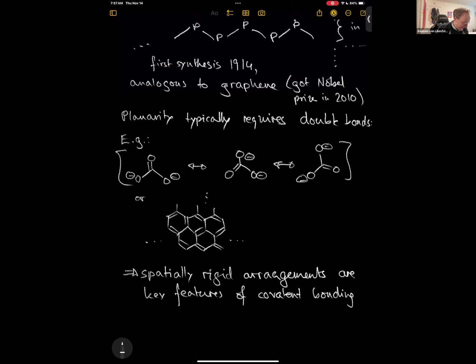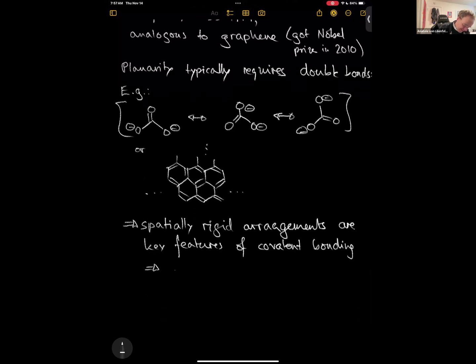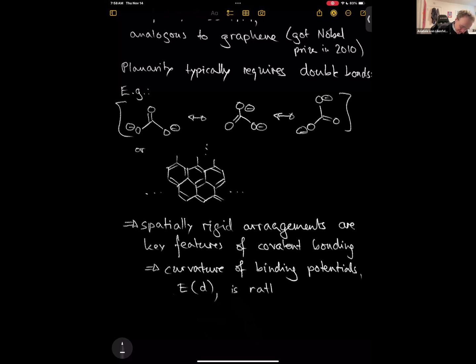So this typically implies that the curvature of the binding potentials, that is, when you look at the energy as a function of a distance, is rather high, okay?